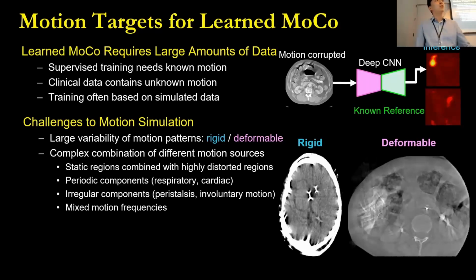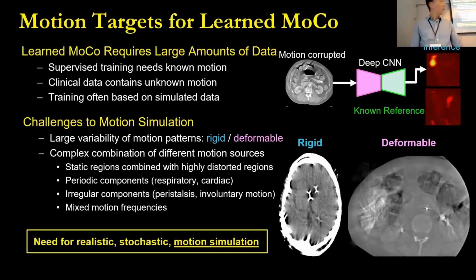For example, motion can happen in static regions combined with highly distorted regions, and the motion can be periodic or aperiodic, which can also mix with different motion frequencies. Therefore, we argue that there's a need for realistic stochastic motion simulation to capture the complex nature of motion presented in the clinical data.